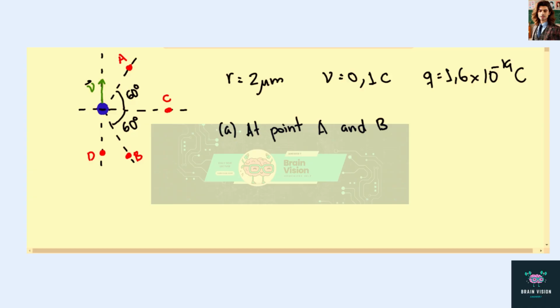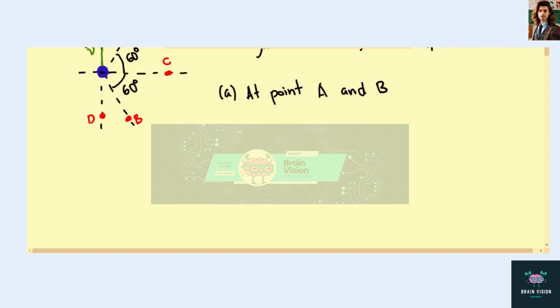To obtain the magnetic field for all of these points, we are going to use the magnetic field produced by a moving charge, and that formula or equation is the following.